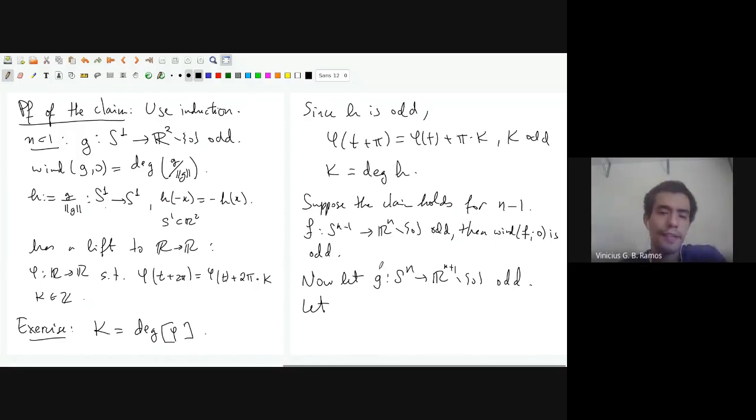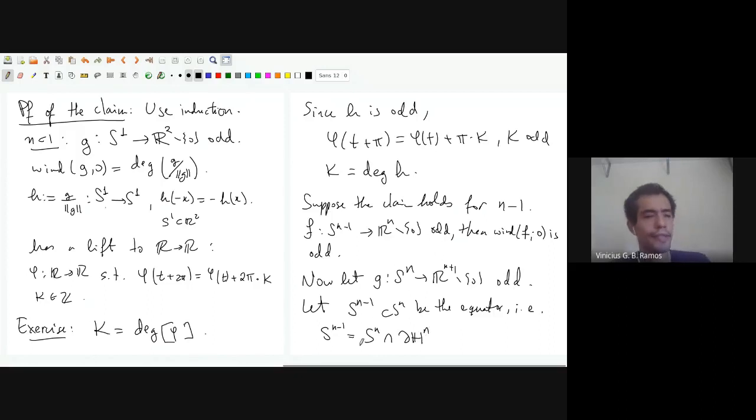So I'm going to find some sphere of dimension n minus 1 inside of S^n. And I guess the easiest way to do that is to look at the equator. So let this be the equator, i.e. S^(n-1) is the intersection of S^n with the boundary of H^n. It's the set of points such that the last coordinate is 0.